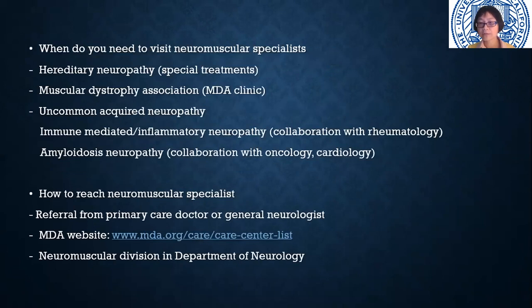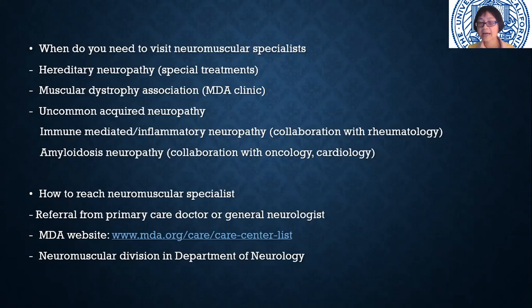You do not really need to see neuromuscular specialists for all the neuropathy. The general neurologist can diagnose and treat common neuropathies. But when do you need to visit a neuromuscular specialist? For certain situations, for example, some types of hereditary neuropathy.